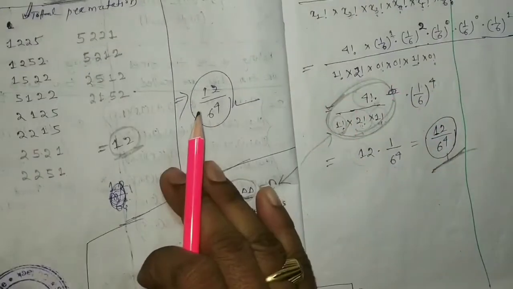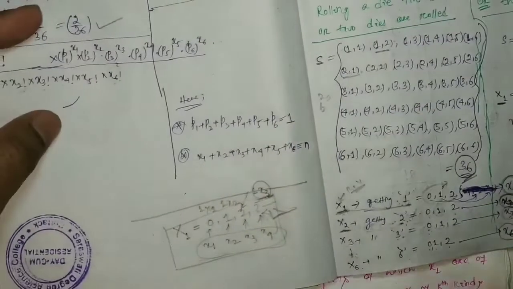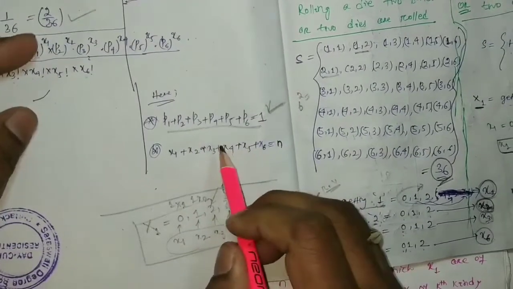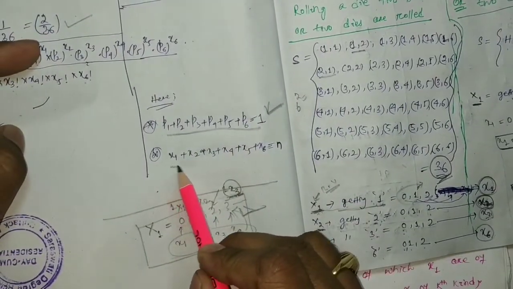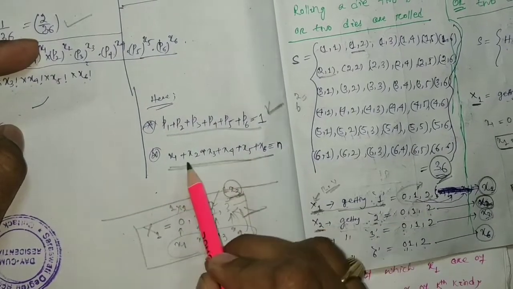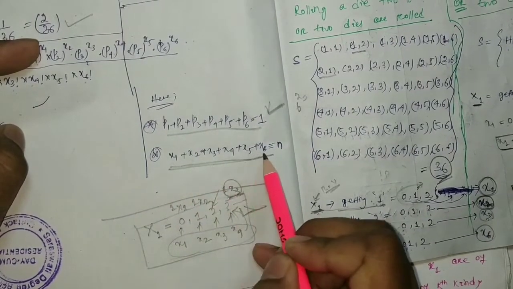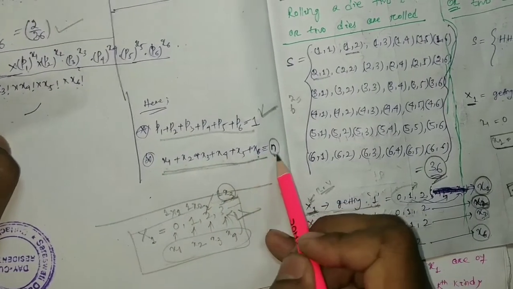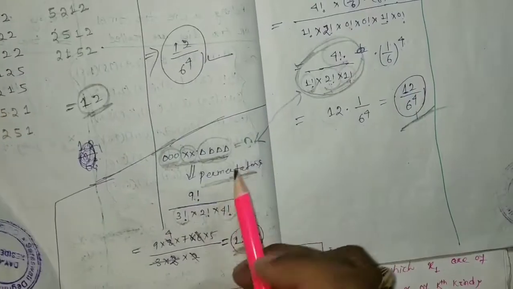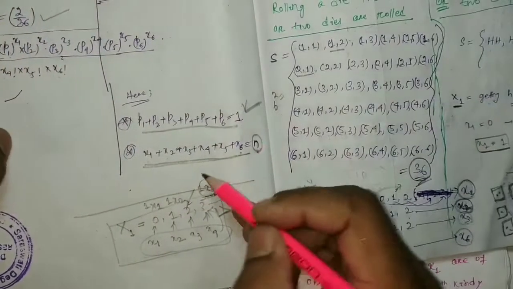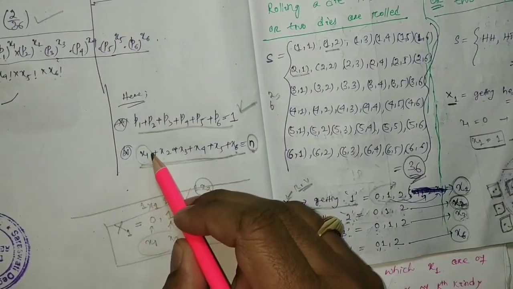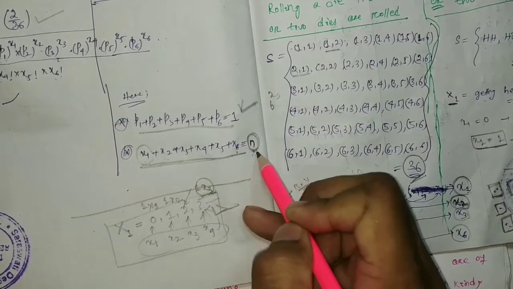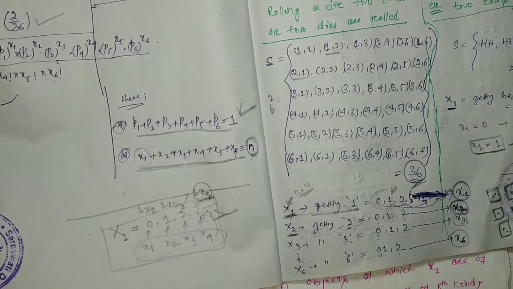Then these things I told, and this also I told, that the total probability should be 1, you have to remember. And all the groups of elements, that means x1, x2, x3, x4, x5, x6, will be the total number, as we discussed here, or in this case for random variables x1, x2, x3, and this n represents the total number of events.